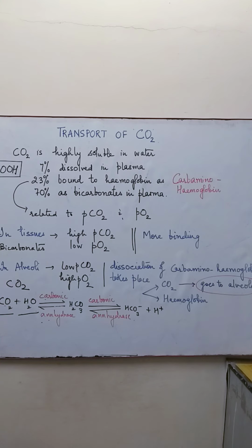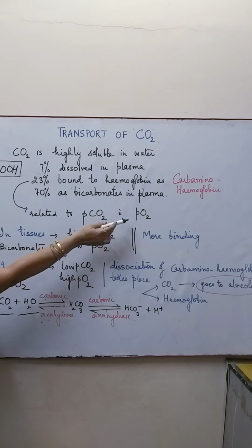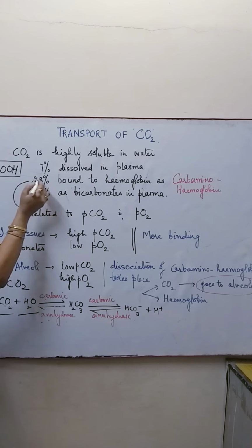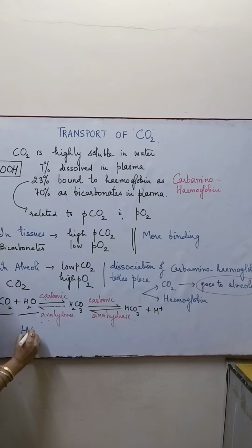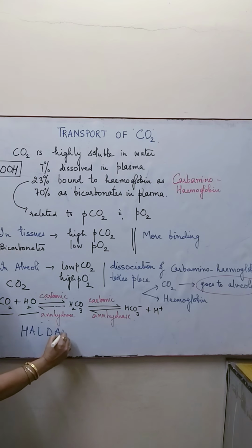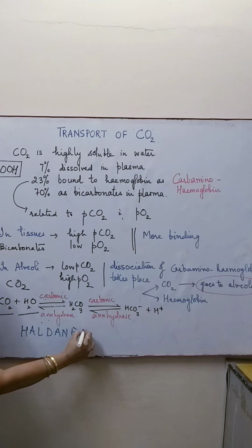Now when we are talking of the effect of partial pressure of carbon dioxide and oxygen, because the partial pressure of carbon dioxide and the partial pressure of oxygen affect the binding of carbon dioxide to hemoglobin, there is an effect which is known as Haldane effect. Haldane effect is named after the scientist.